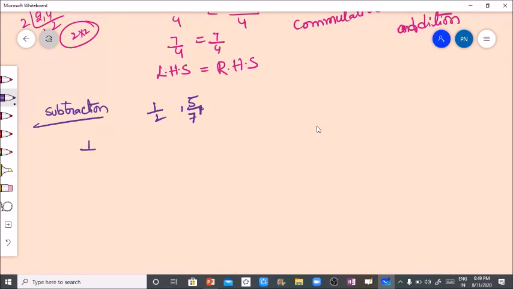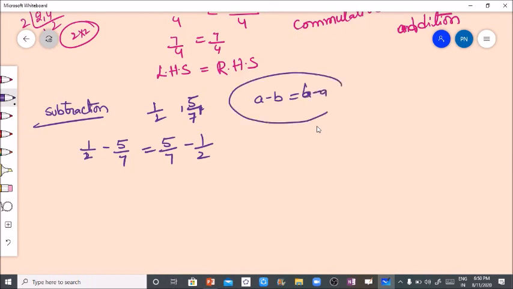So first number minus second number equals second number minus first number. A minus B equals B minus A. We are going to check whether it is right or not.